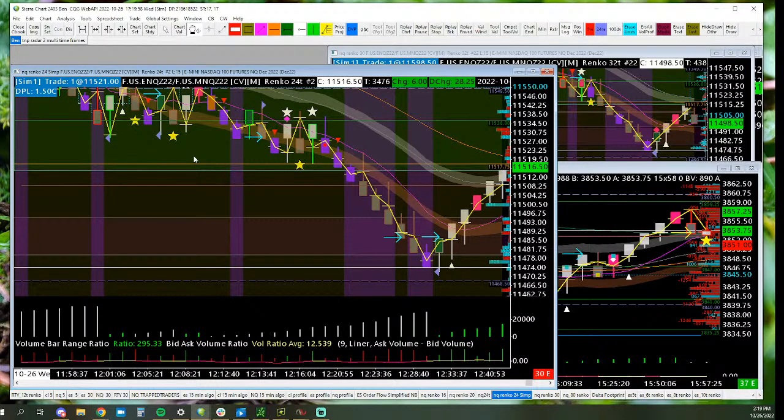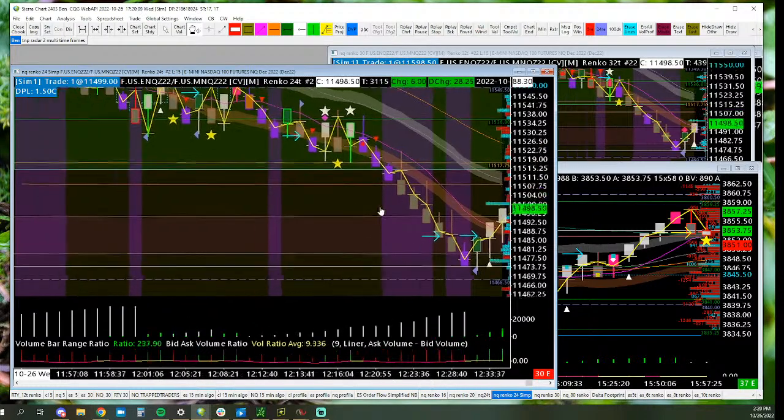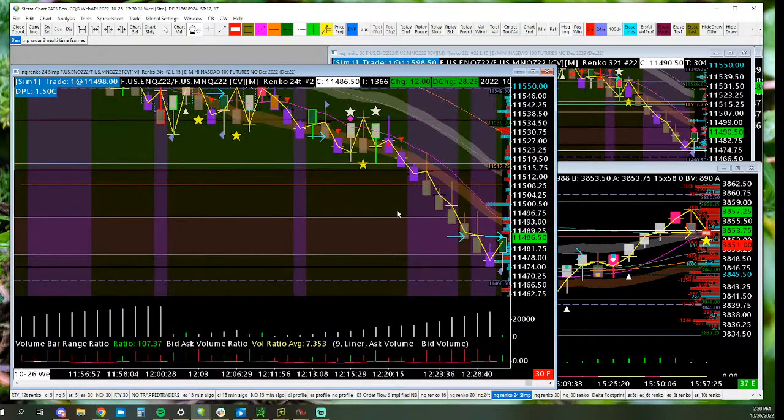Had I not taken that, I'd be up almost $400 and I probably would have taken this trade because I would have been oriented correctly and probably would have been up 500 or 600. So the difference between making 200, whatever I made, 260, and like $500 are these tiny little adjustments where I skip this long trade and take that short and suddenly I'm making almost twice as much.